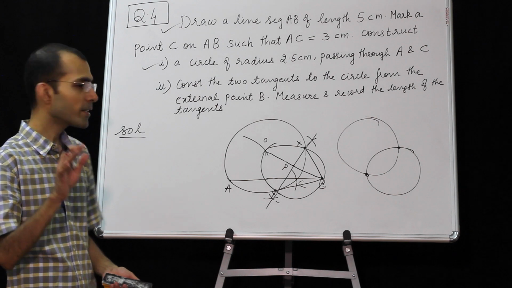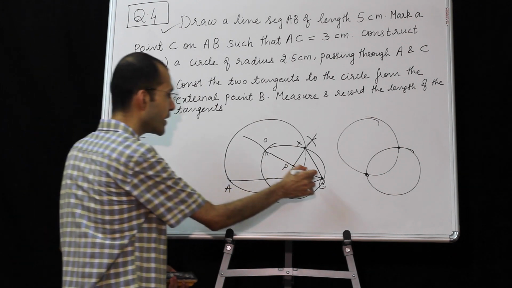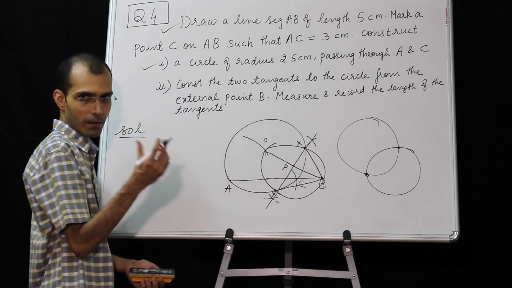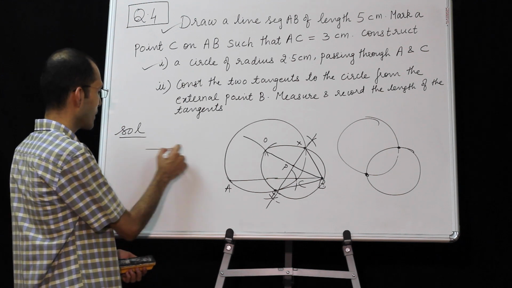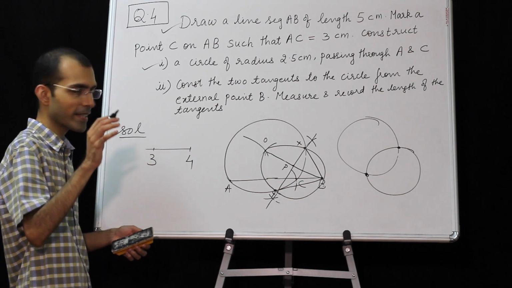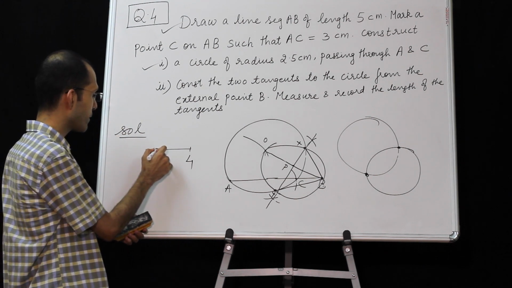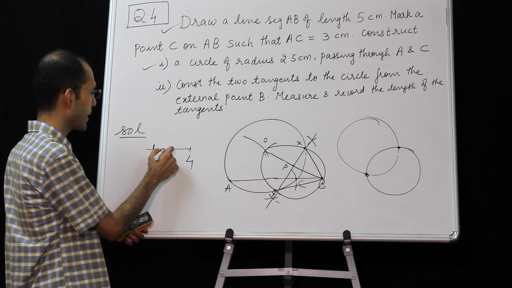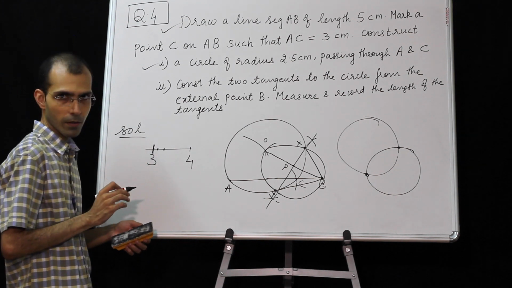Okay. Important tip, when you measure by scale, suppose this is 3 and this is 4 on a scale. So this is 3.1 and this is 3.2.